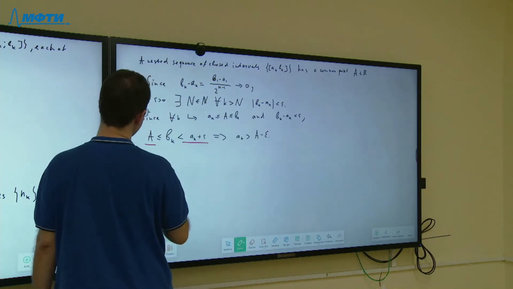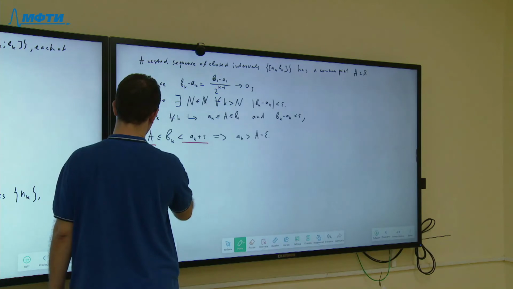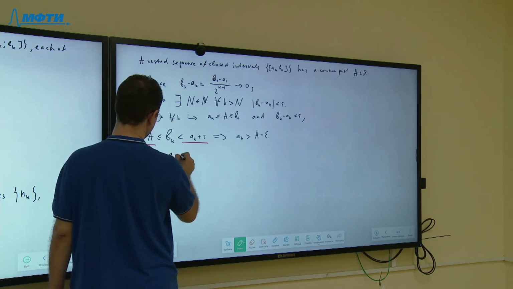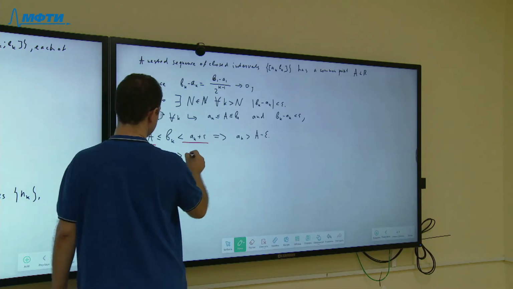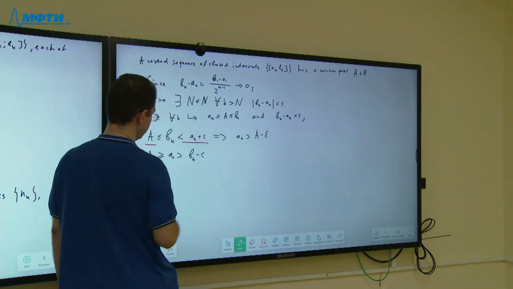Similarly, a is greater or equal than a_k, which is strictly greater than b_k minus epsilon.